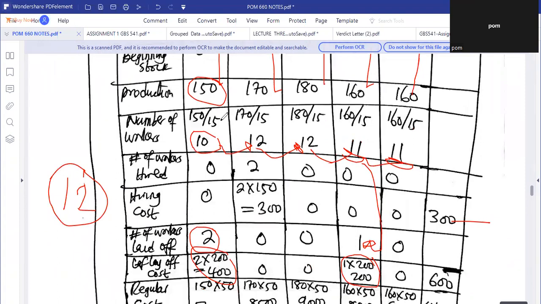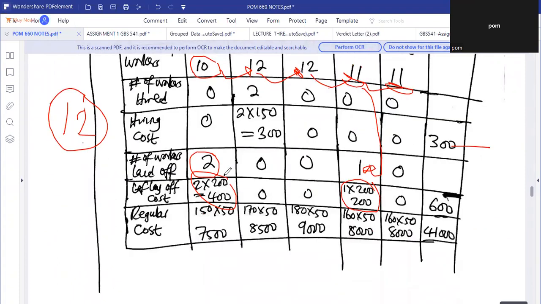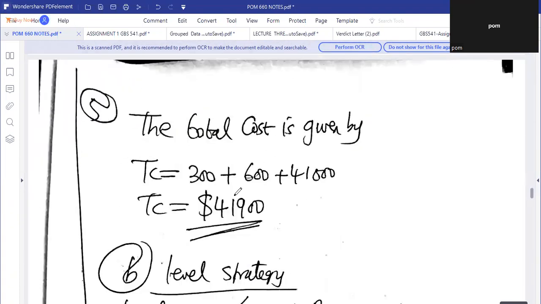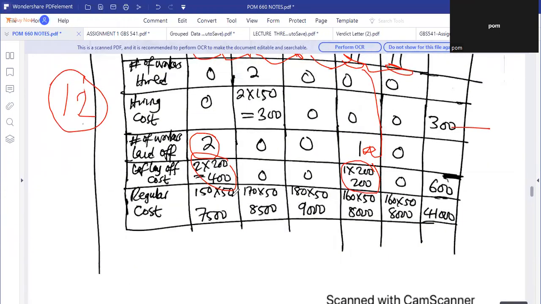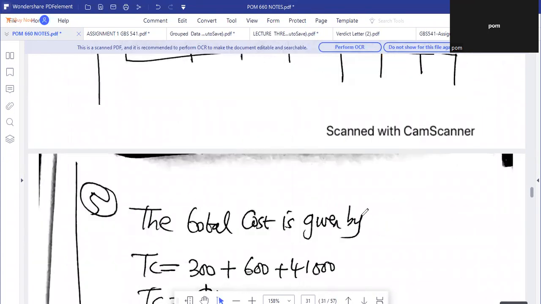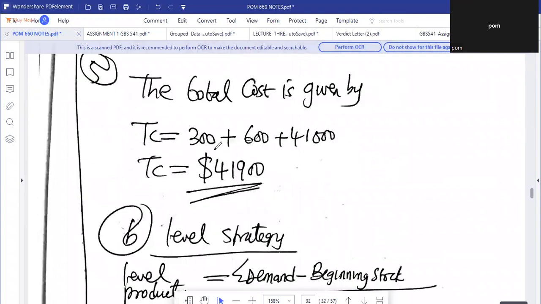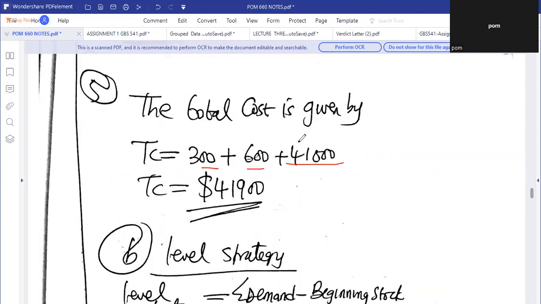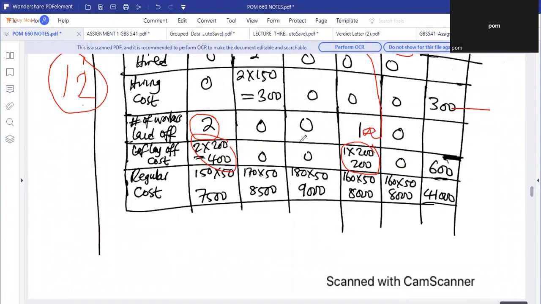So $50 by 150, 50 by 170, and so on. The total comes to 41,000. So the total cost of this strategy will be 300 plus 600 plus 41,000, which is 41,900. This is the cost of the chase strategy.